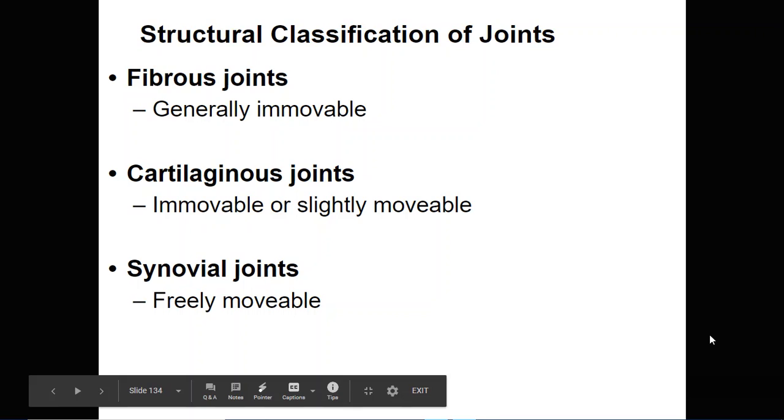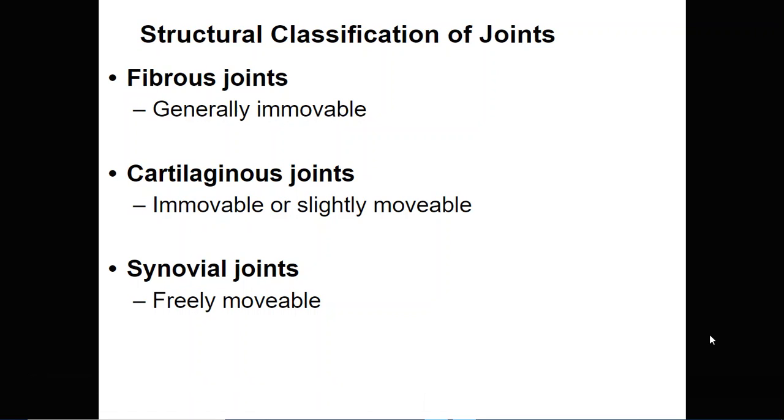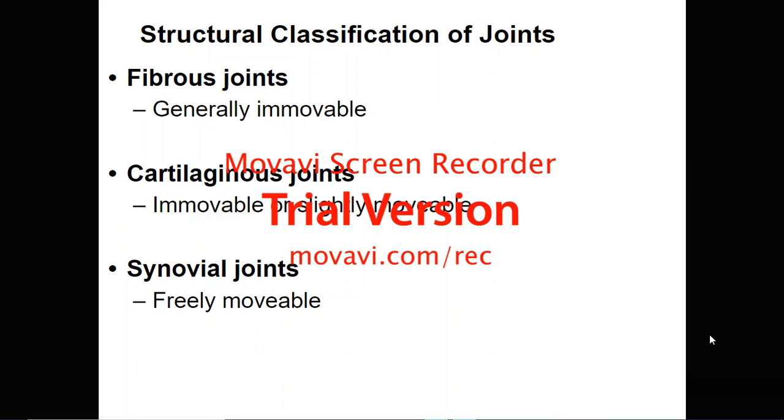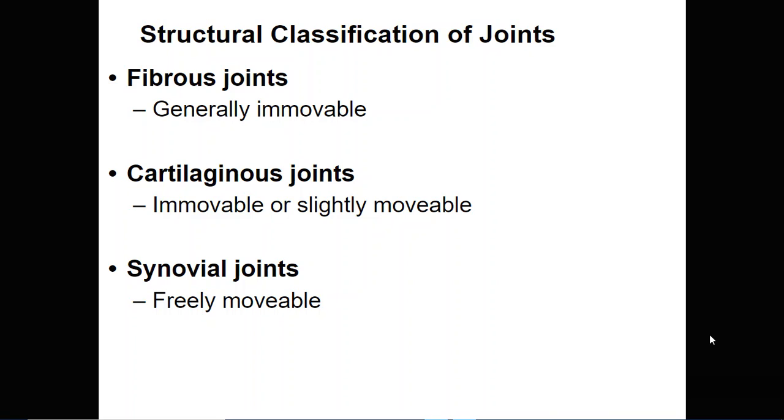The most common way to classify joints is structurally, and you have three classifications structurally. You have fibrous joints, which are generally immovable, and then you have cartilage joints, which is kind of in between. They're either immovable or slightly movable.